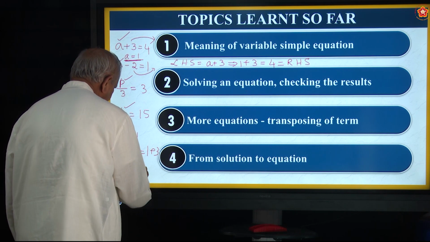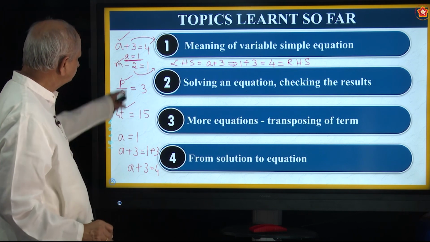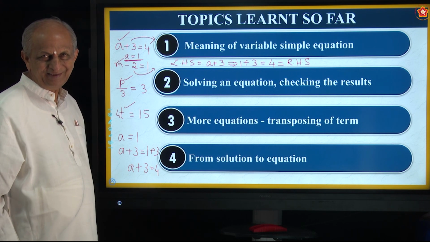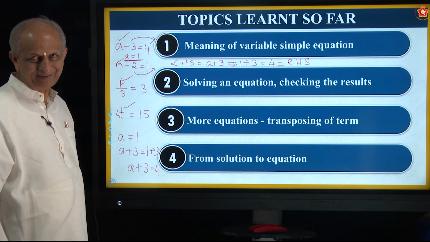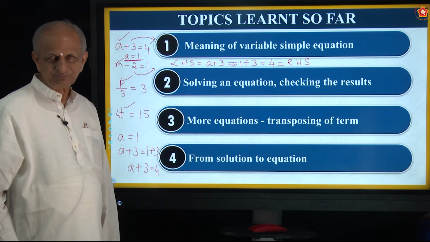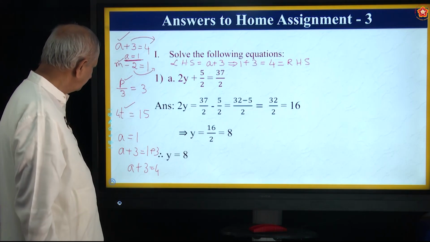So, you get A plus 3 is equal to 4. That is what you got. So, just the reverse of it. That is called reverse statements. Similarly, an equation also can be reversed. Correct? So, these are the things you already studied.